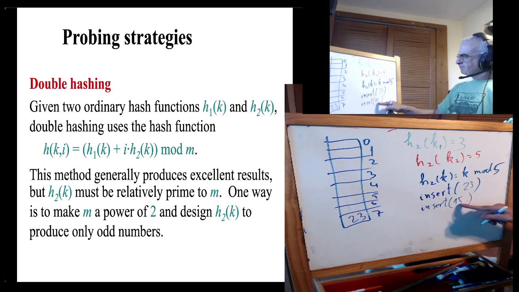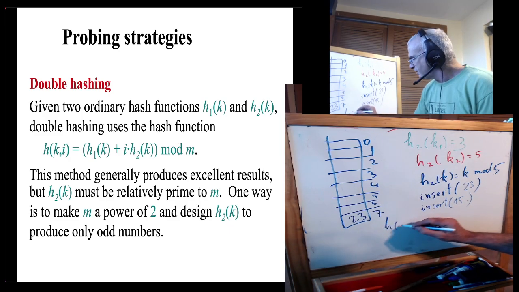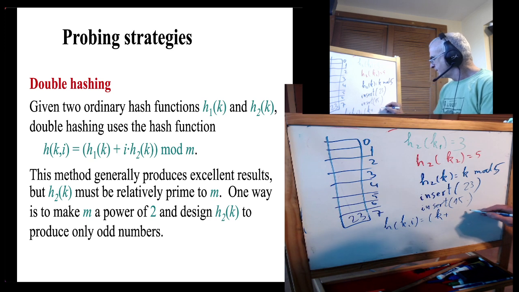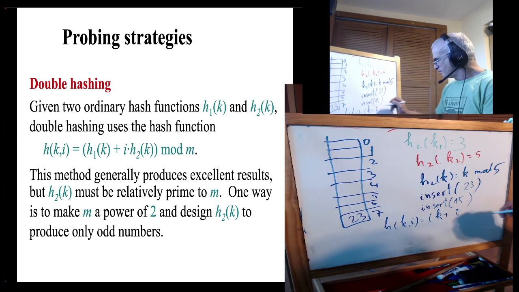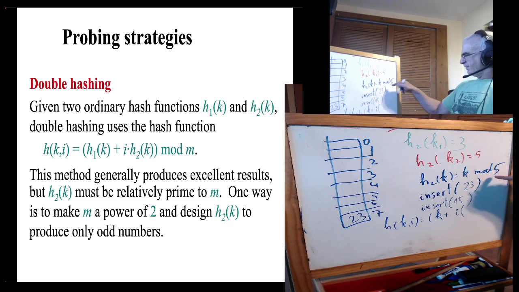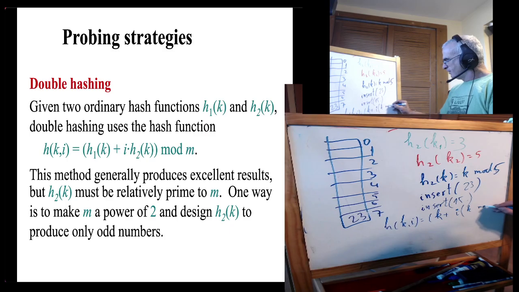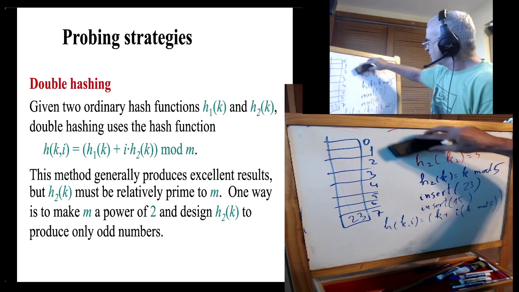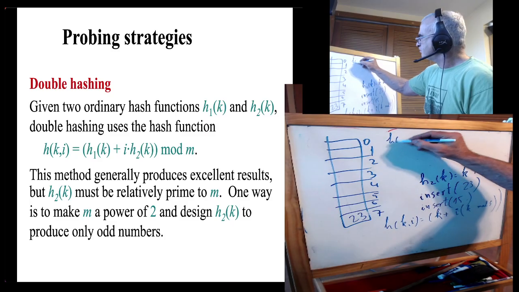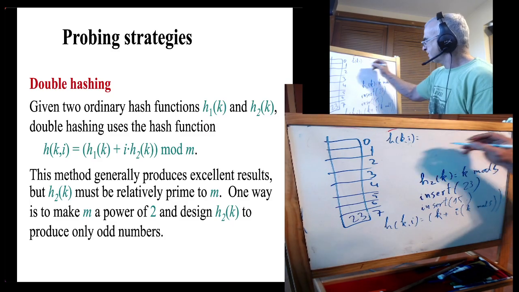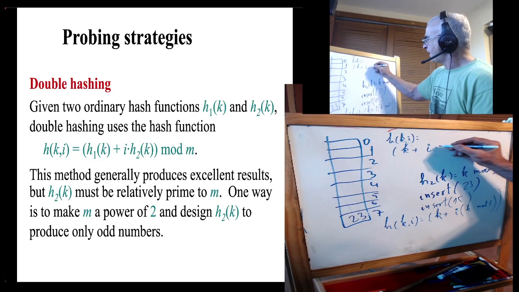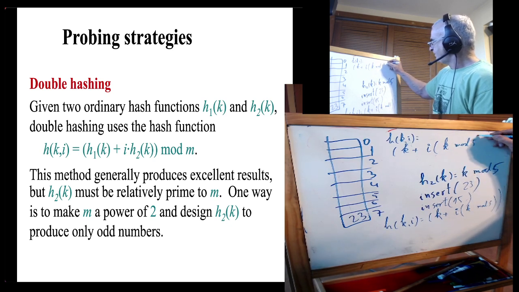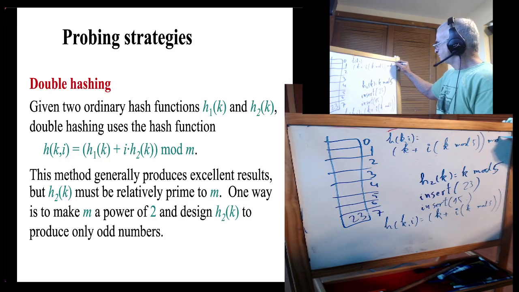I'm going to insert 15, and I'm using the hash function h of k, i, which is k plus i times h2 of k, which is k mod 5, all of it mod 8.